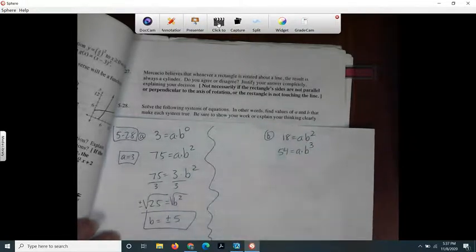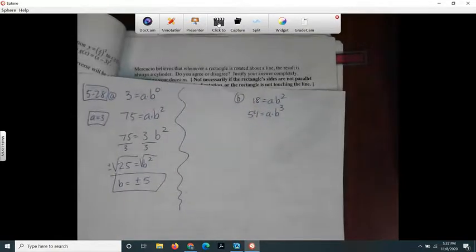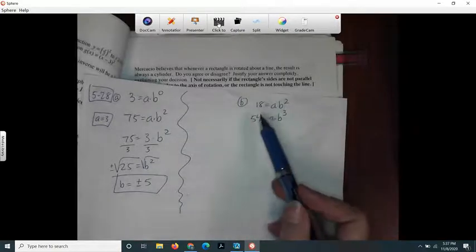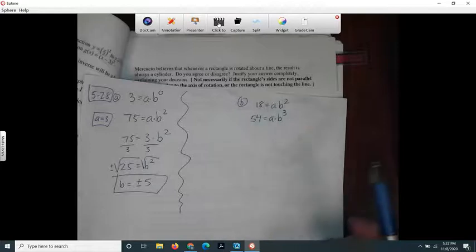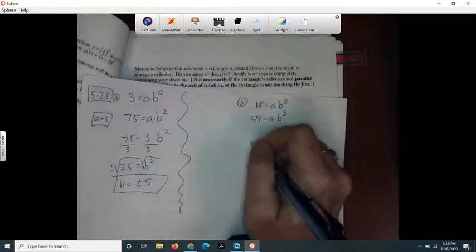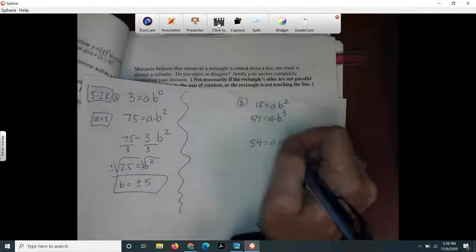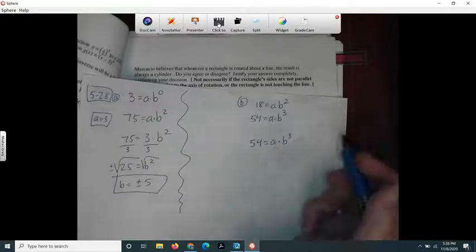But this one lends itself nicely to a new way that I'm going to show you right now. I know you've probably never thought of this before, but you are allowed to divide both sides of an equation as long as you divide both sides by the same number. So I'm going to write out this bottom equation. I just want this one on the top because it has bigger numbers and I don't want fractions.